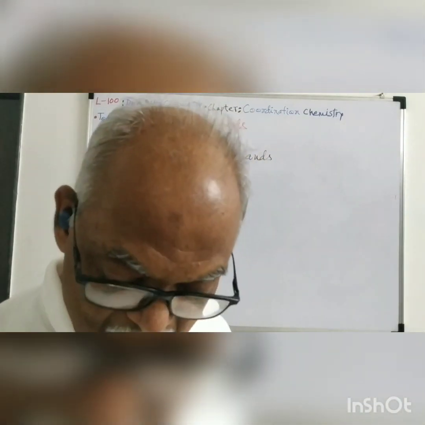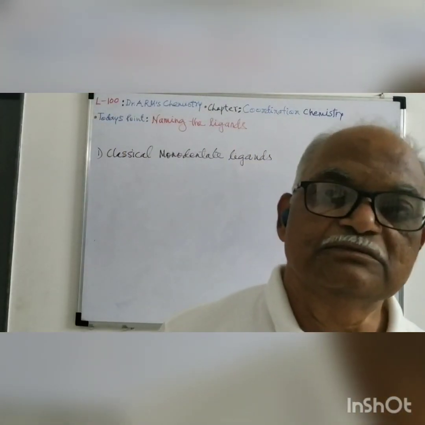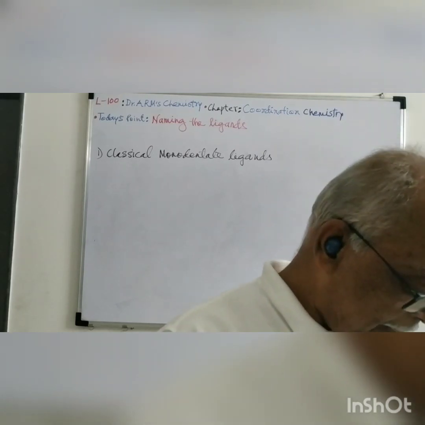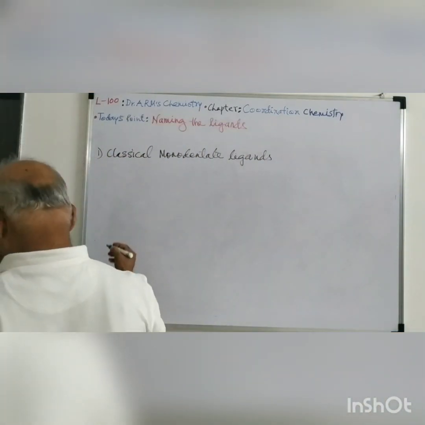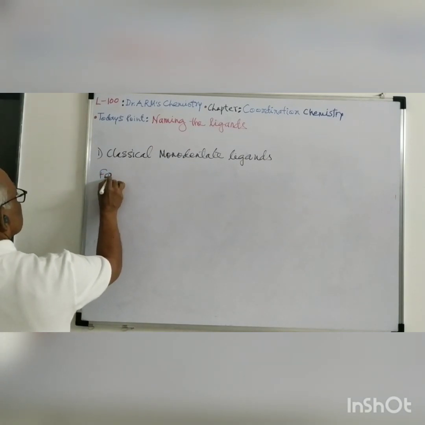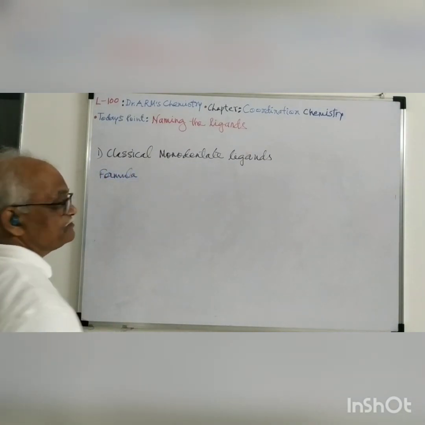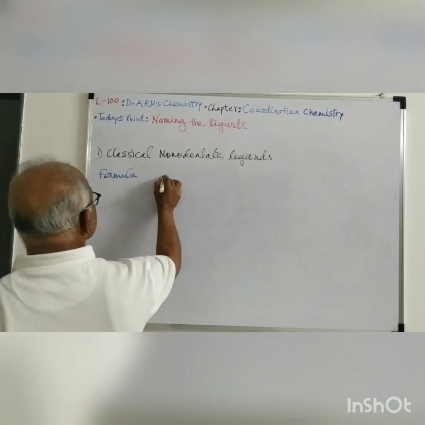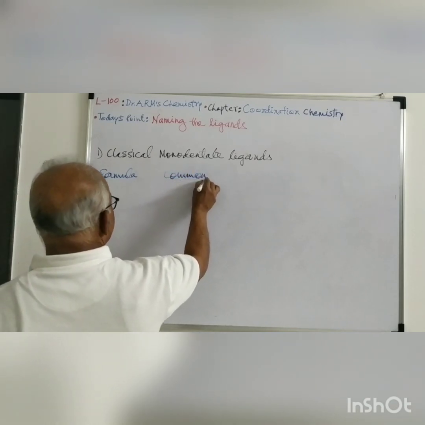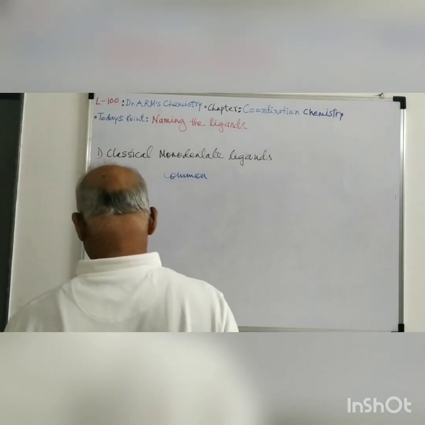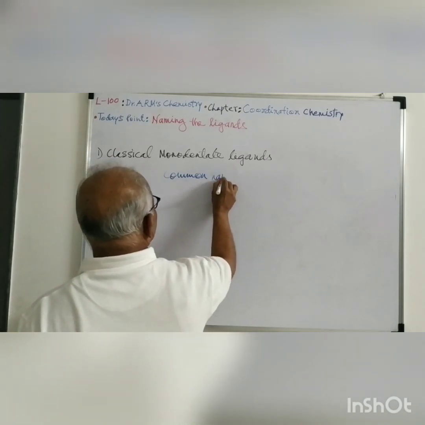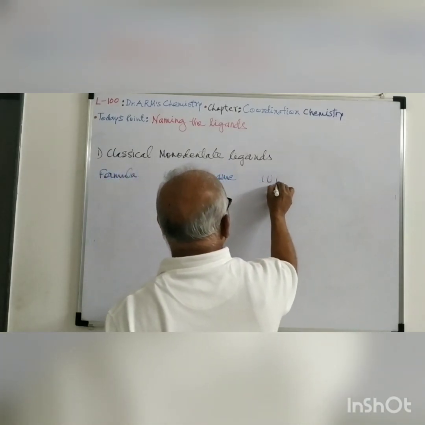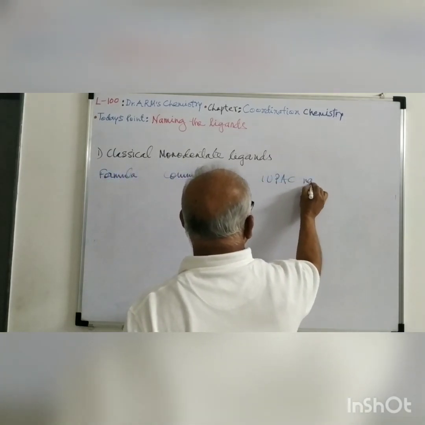There are several such monodentate ions, and we will see a few examples of these ions. First of all, we will show the formula of these monodentate ligands. Then we will show the common name, and then we will show the IUPAC name.